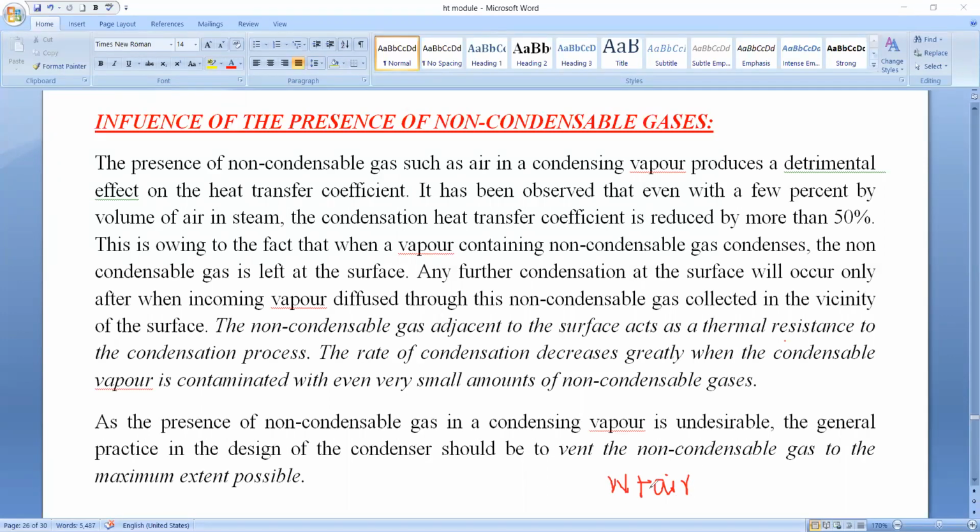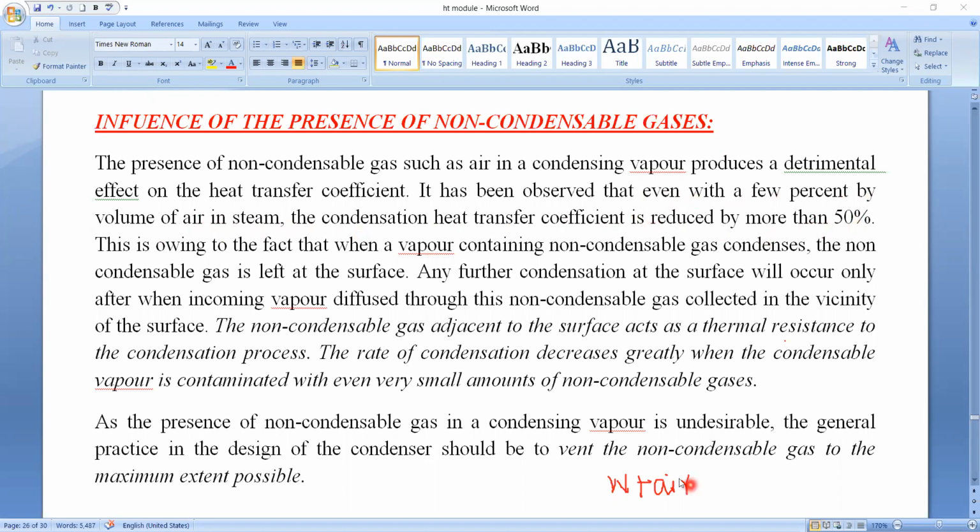Because of the presence of non-condensable gases, it has a very negative impact on the condensation process. That reduces the condensation process to a considerable value. It has been observed that even with a few percent by volume of air in the steam, the condensation heat transfer coefficient is reduced by more than 50%.